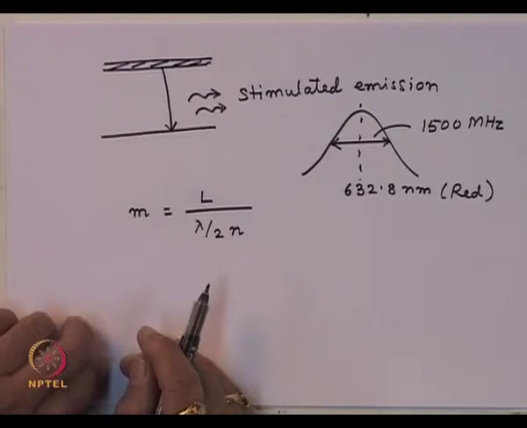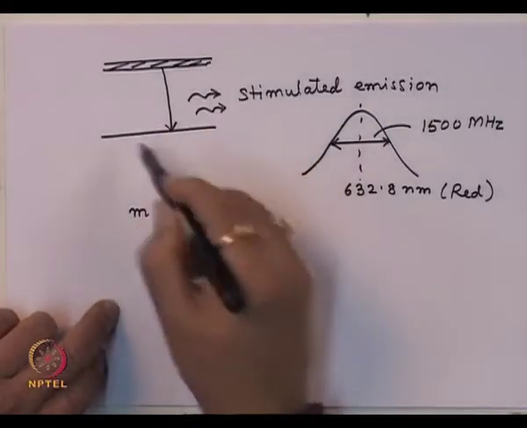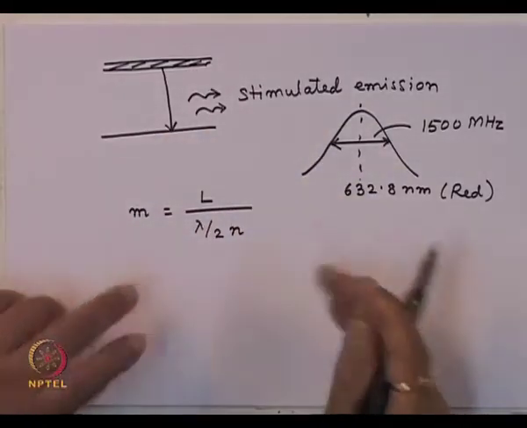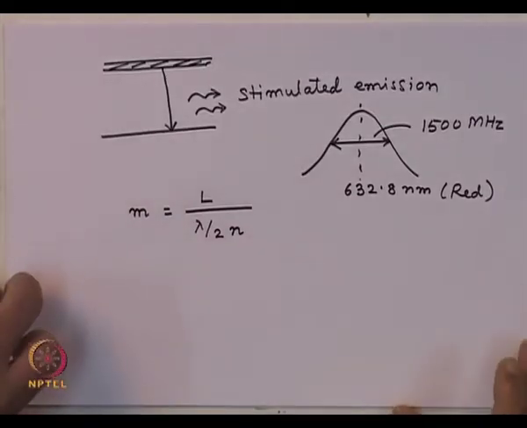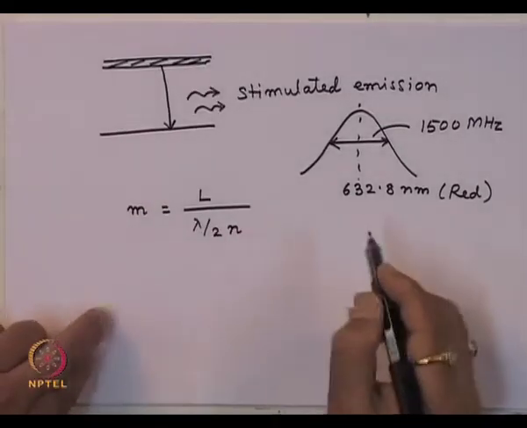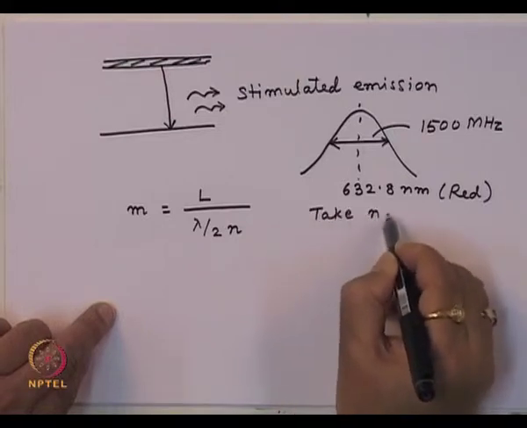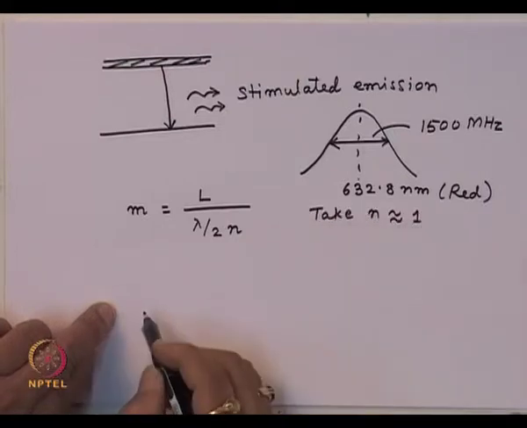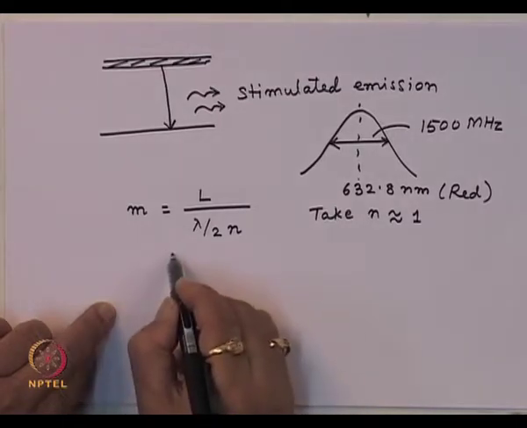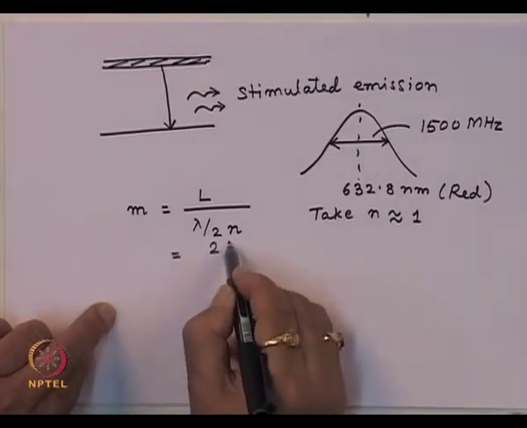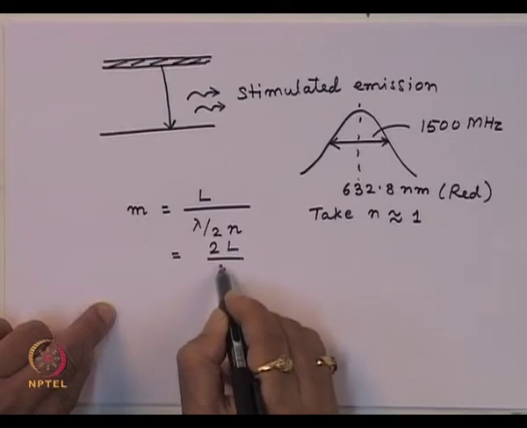For the helium neon laser, since the medium is gaseous, n can be taken approximately equal to 1. So, this is simply equal to 2L divided by lambda.